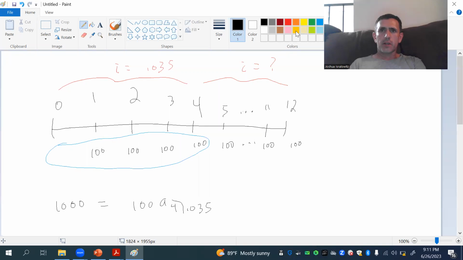On the other hand, I'll do this in green. The beginning of the first payment period for the rest of the 8 payments is t equals 4. The first payment period is 4 to 5, and the payment comes at the end of the first payment period.